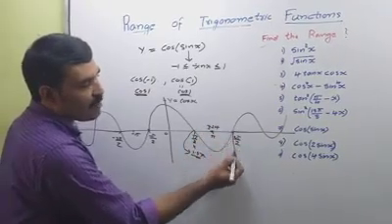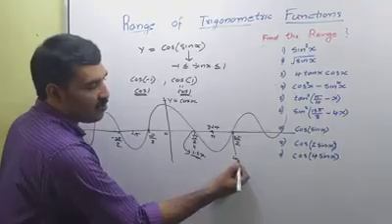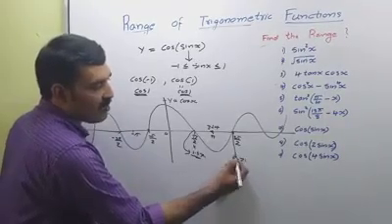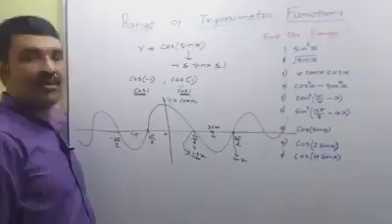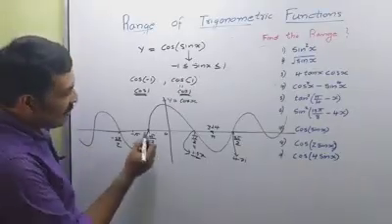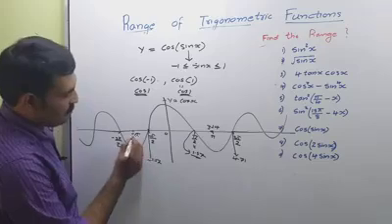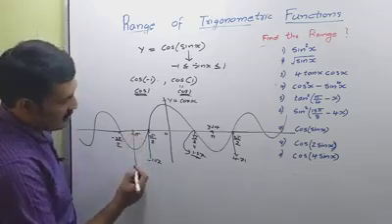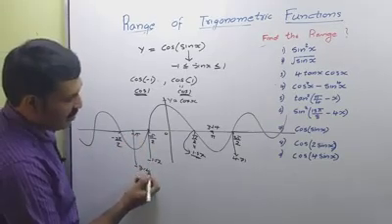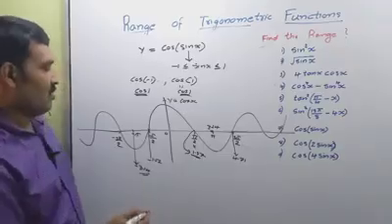And the value of 3 pi by 2 is approximately 4.71. Again here this value is minus 1.57. This point is minus 3.14 and so on.